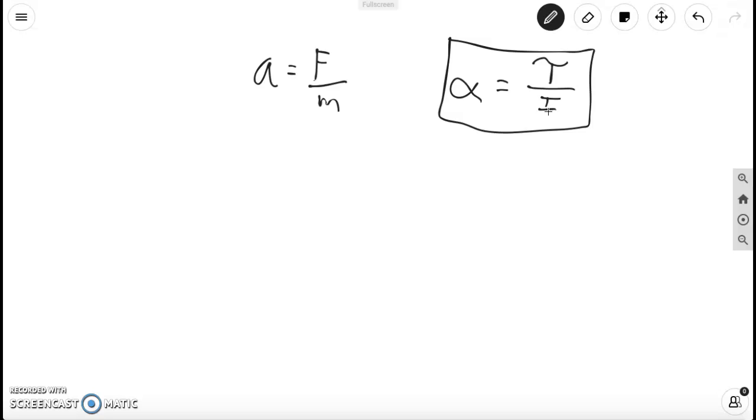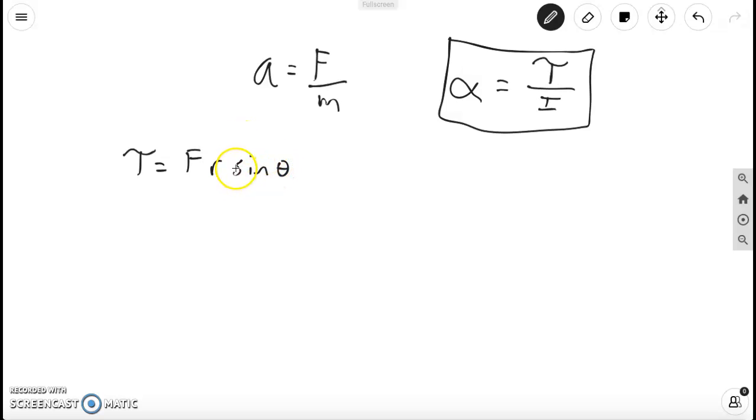So keeping this in mind, and keeping in mind how we find torque and how we find moment of inertia, just as a quick review: torque equals the force times the radius, and depending on if there's an angle involved, then sine theta.